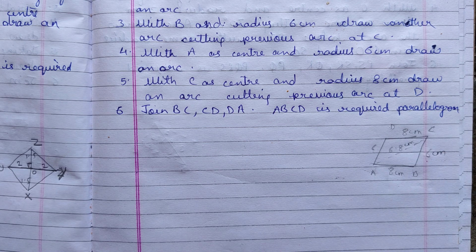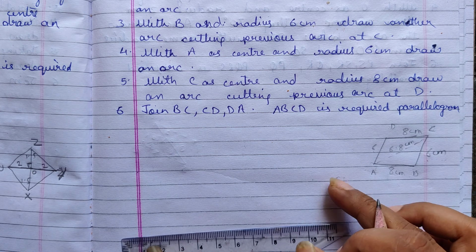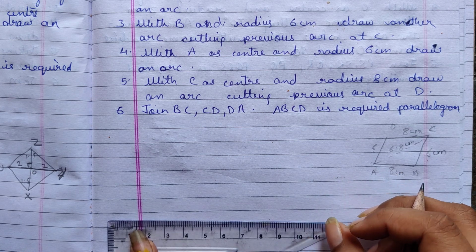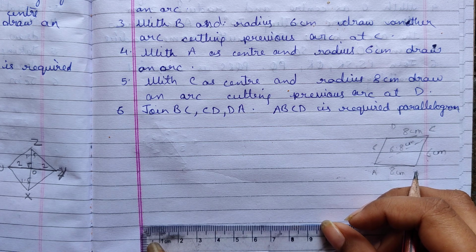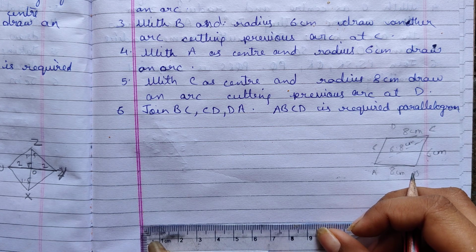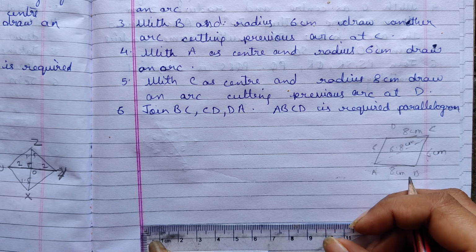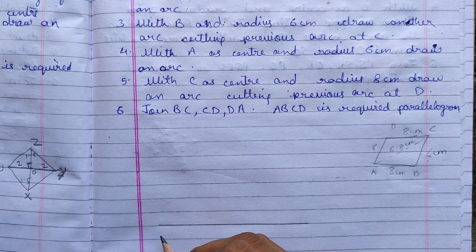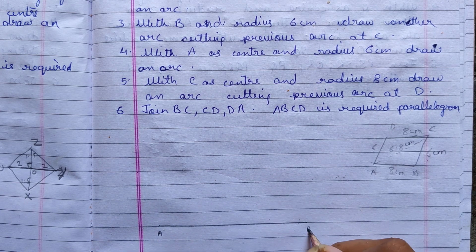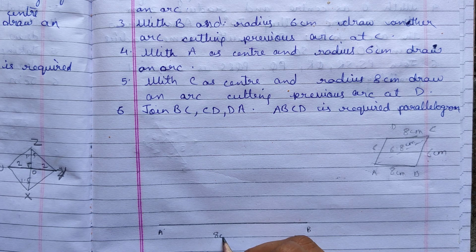Okay, so we'll start with the baseline which is AB of how much, 8 centimeter. So this is the line AB. This point is A, it is B, and it is 8 centimeter.